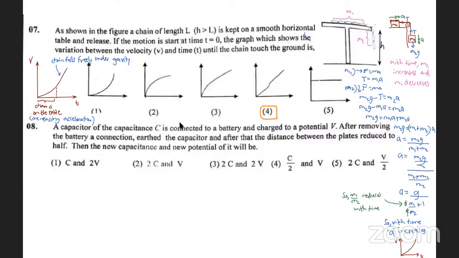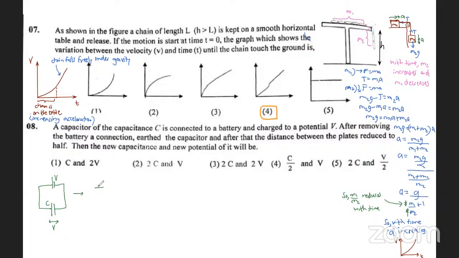Let's try to focus on it in a normal way. First they are connecting a capacitor to a battery and charging it. Once the capacitor is fully charged, across the capacitor there will be voltage V and capacitance C. Then they are separating the capacitor.